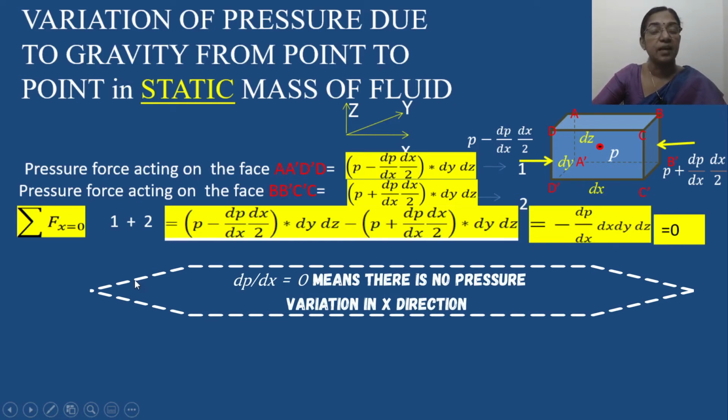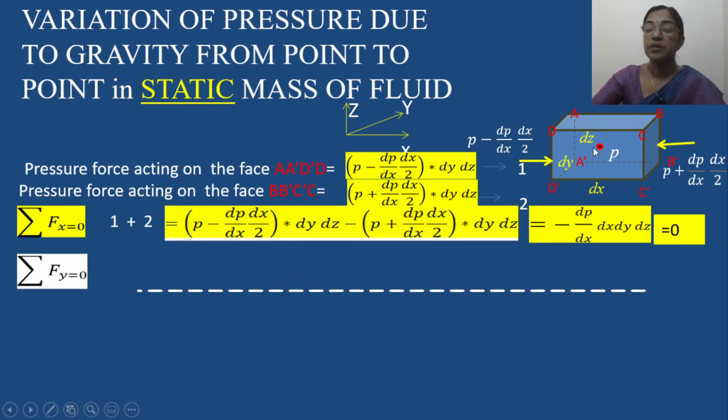Similarly, we can consider sigma Fy equal to 0. So sigma Fy equal to 0, where y is in this direction. The force which is acting on D, C, C dash, D dash. Similarly, the force which is acting on A, B, B dash, A dash.